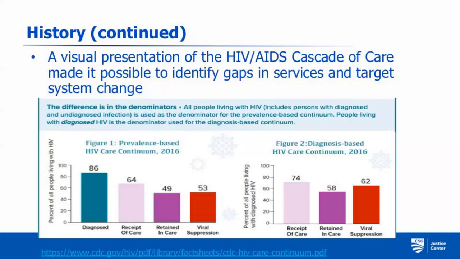So we know that 86% of all people living with HIV are diagnosed. We know that 64% are in some sort of care initiated. We know that 49% are retained in care. These are usually medications. And we actually know that 53% of those people actually are viral load suppression, which is the high end goal here. So you can see this is a pretty simple concept.